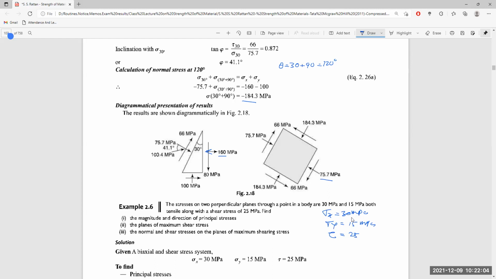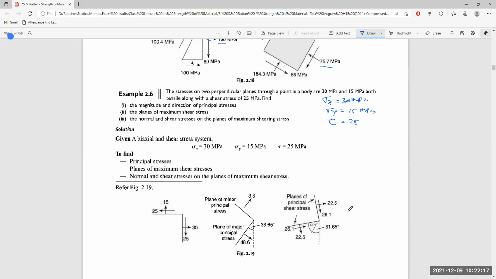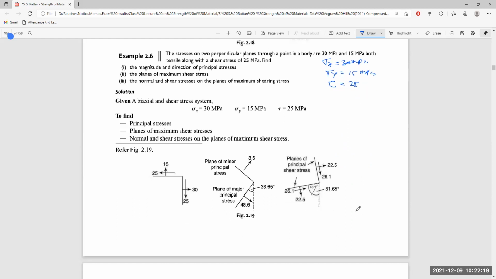So here, what is not available from the drawing is the angle with the maximum stress. So first of all, you have to calculate the principal stress.